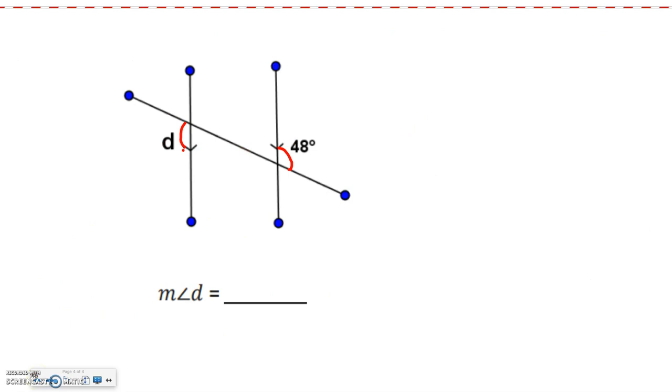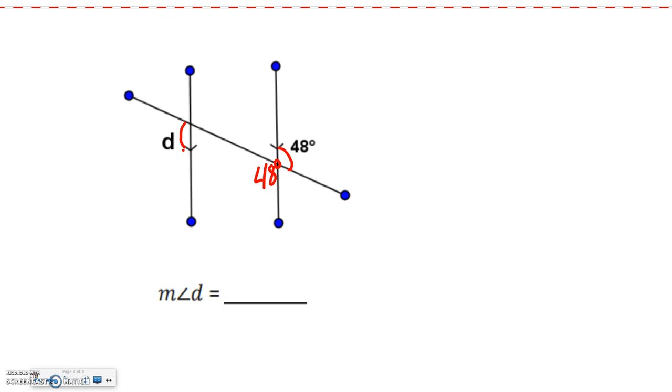Notice from before, we know a lot of things already. These two angles are called what kind of angles? Yes, vertical angles. So this angle is also 48 degrees because vertical angles are congruent. There are a couple of ways of doing this, okay?